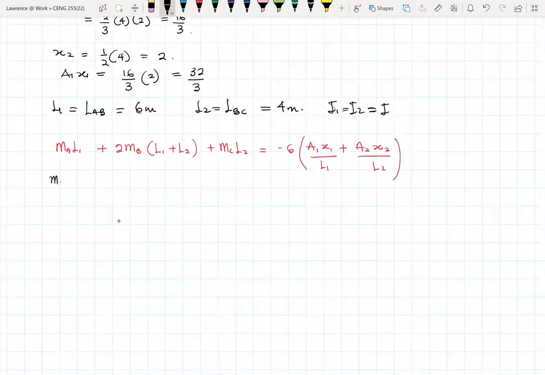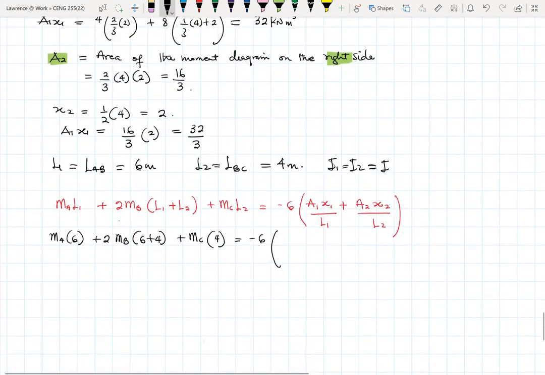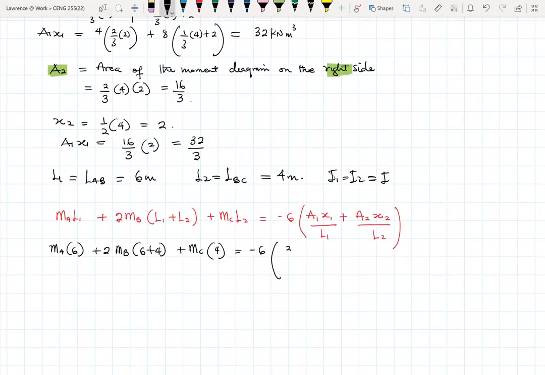So it becomes MA times L1, which is 6, so MA times 6 plus 2 MB times (6 plus 4) plus MC times (4 minus 6), plus 6 times A1 X1, which we got as 32. So 32 over L1, where L1 is 6 meters, plus A2, which was given as 32/3. So that's 4. So this becomes your equation.